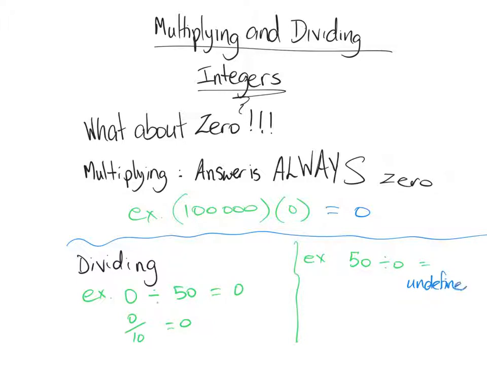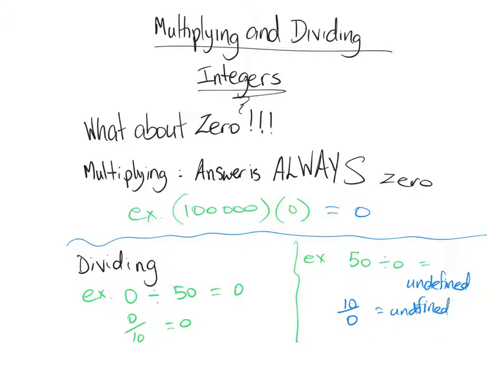There's no answer that I can tell you. It's not possible for me to take 50 and divide it into little parts that are 0. I think that makes sense. I hope that makes sense to you. So if I have 0 on the bottom, so 10 divided by 0, not possible. Undefined.